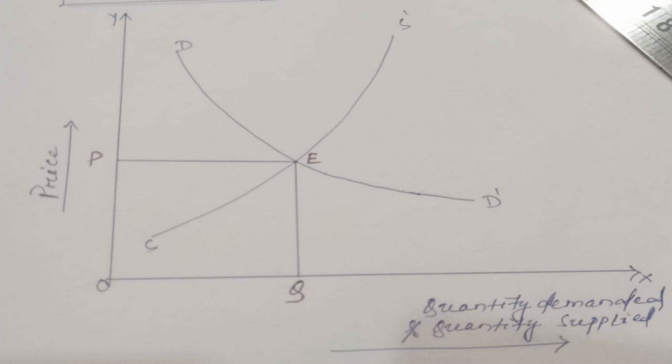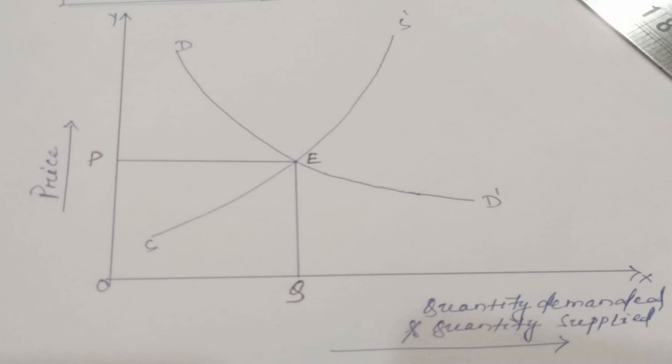Let me remind it again. Let's look at the diagram. On the horizontal axis, we represent both quantity demanded and supplied. On the vertical axis, we represent the price. The demand curve, that is D dash, is sloping downwards from left to right.